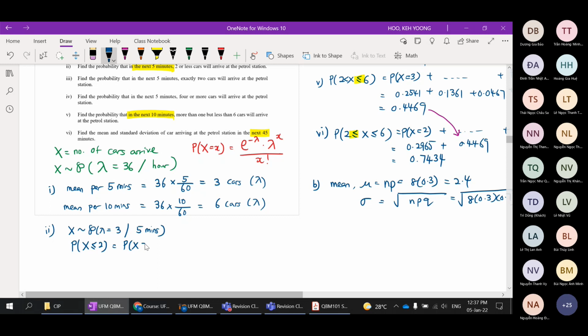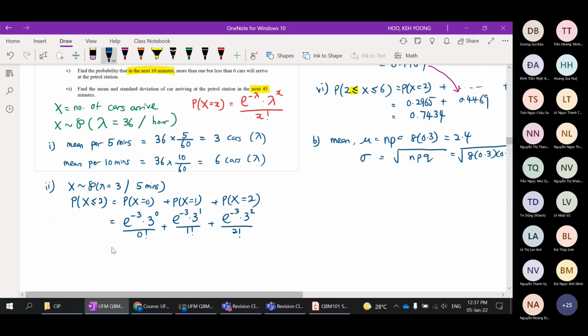So you add up 0, 1, and 2. You can use the formula, substituting lambda equals 3: 3 power x over x factorial. 3 power 2 over 2 factorial. Press this in your calculator one by one.